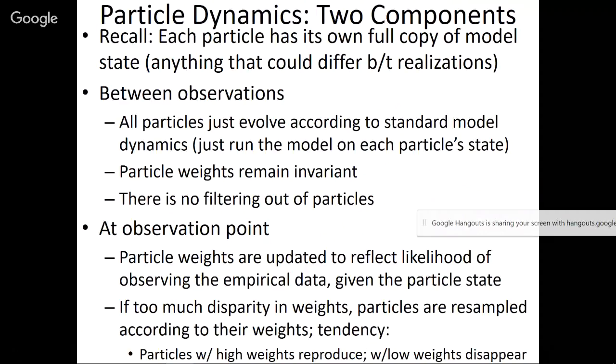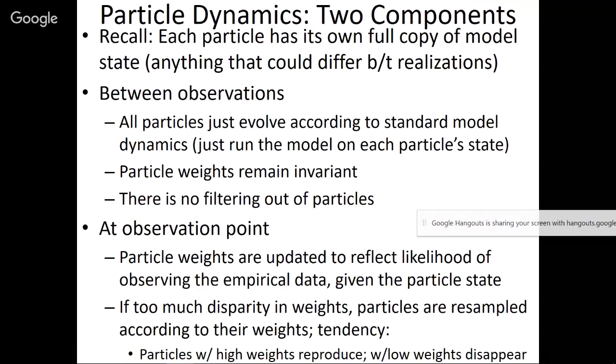They continue through that layer. That's between observations. Very familiar. We're basically running the model with 10,000 different layers of the model at the same time, running it forward from just after the processes that had to happen in the last observation till the next observation. They're all running in parallel.